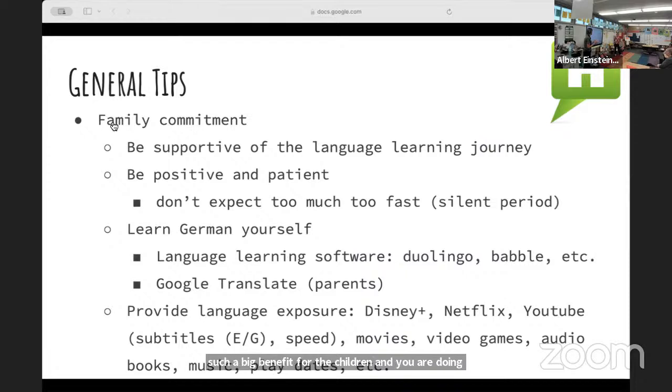The family commitment is very important. Being supportive of that language learning, and you notice it is a lot. When they sit here in the classroom, some already know a lot, others don't know anything. So there is a lot going on, and where they have to think. So supporting them in their language learning journey, and then be positive and patient.